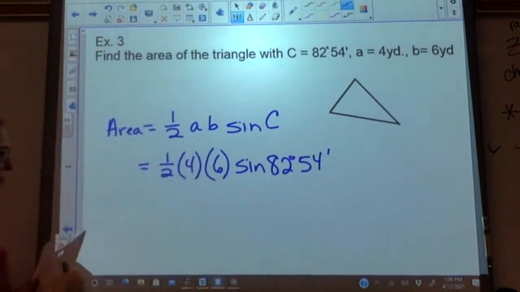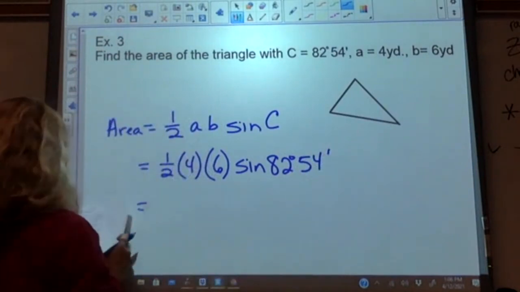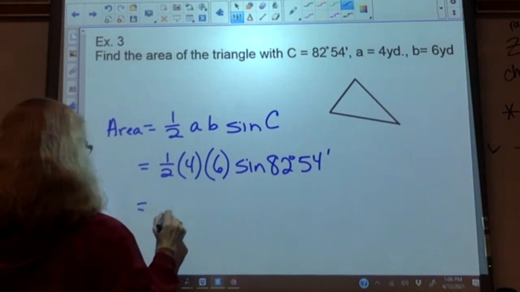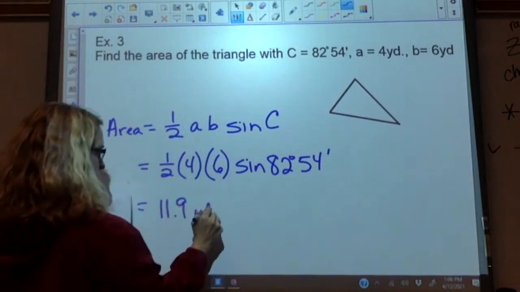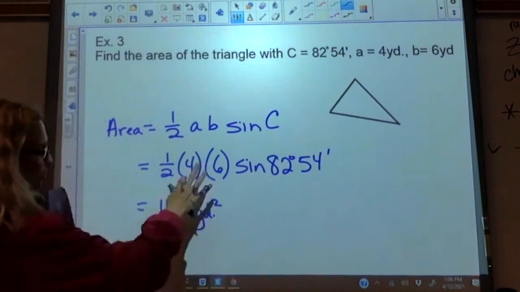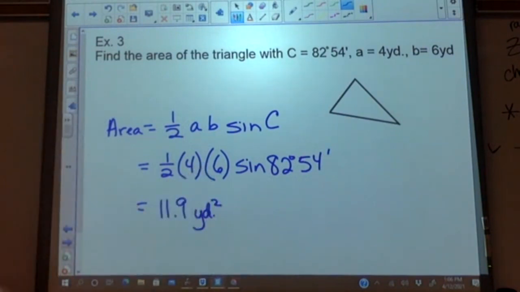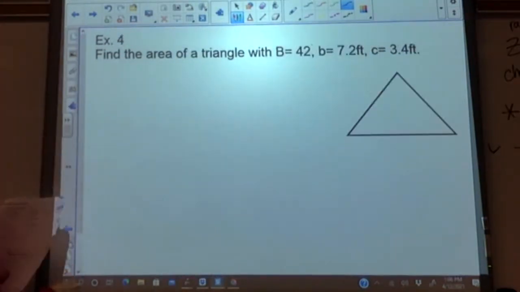And you just type all that in your calculator, and you're going to get 11.9 square yards. So you have yards times yards. Okay, so it's a pretty simple formula to use.